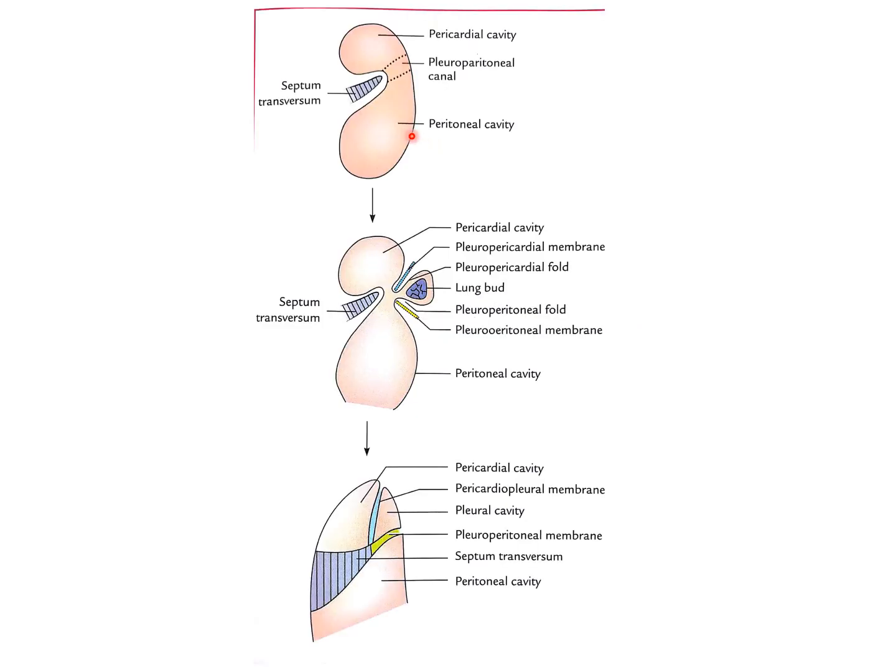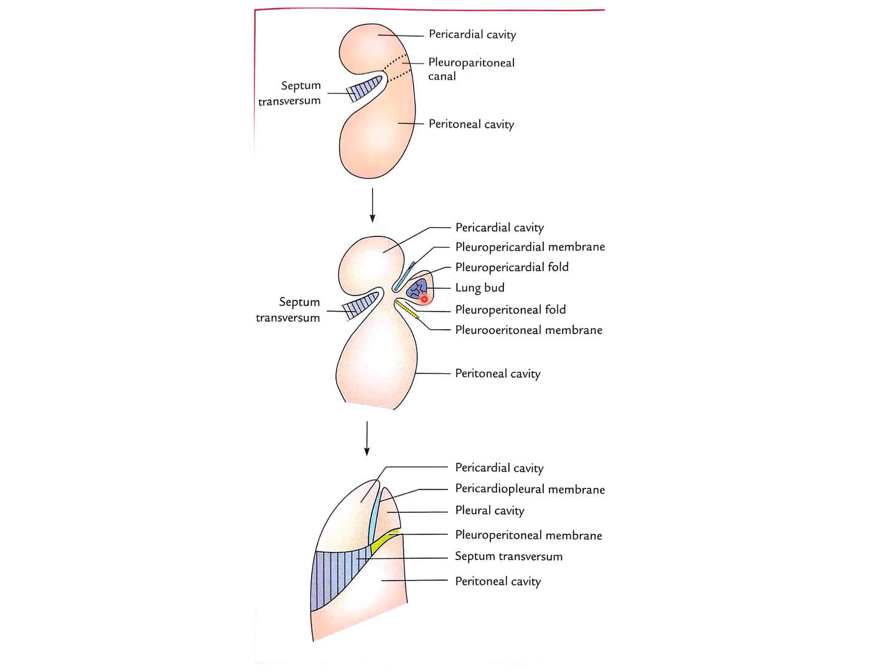Revision of the intraembryonic coelom developed as described earlier. We can see it comprising the cranial pericardial cavity, caudal peritoneal cavity with the communicating pleuroperitoneal canal. The diagram below shows the developing lung.